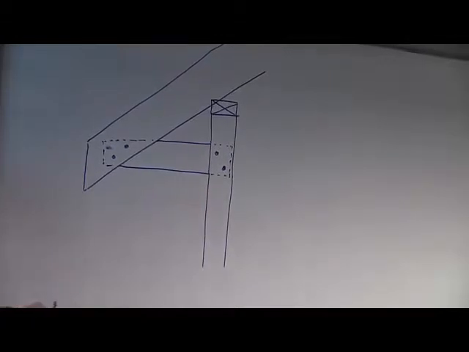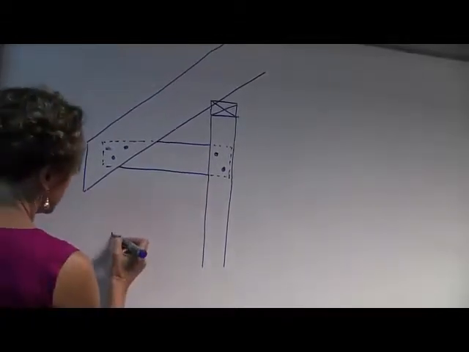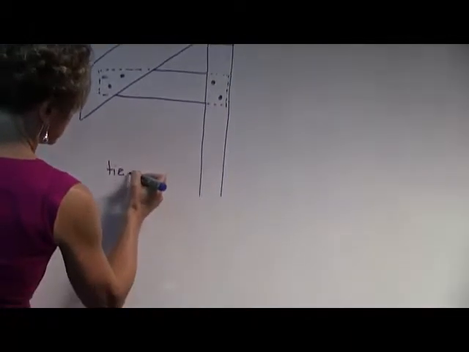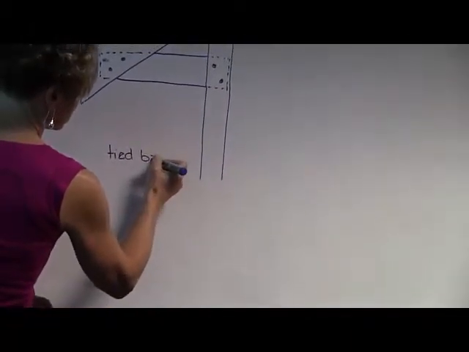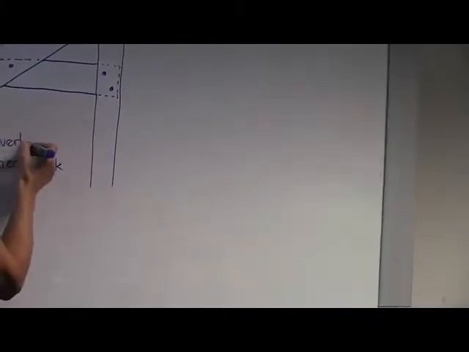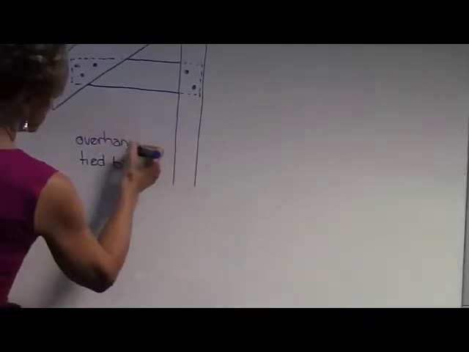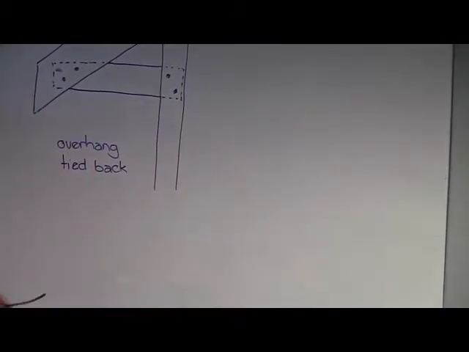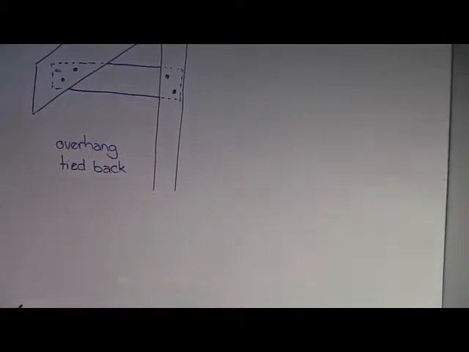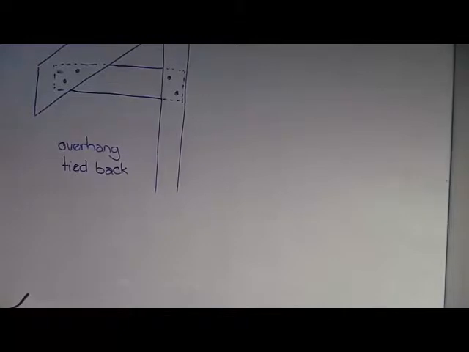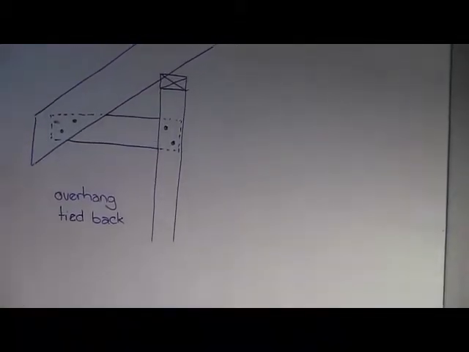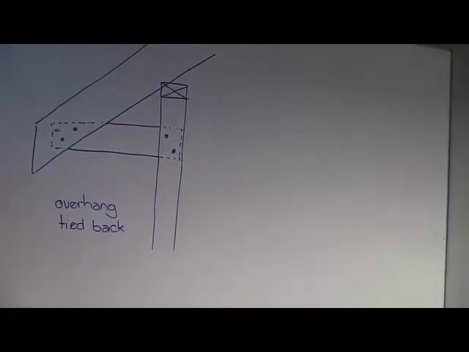So if you have this situation, which is called the overhang is tied back, then in those tables you can ignore the overhang figure. So all you're looking for is the span of your rafter, and you can just ignore whatever the overhang is. Don't even bother working it out.